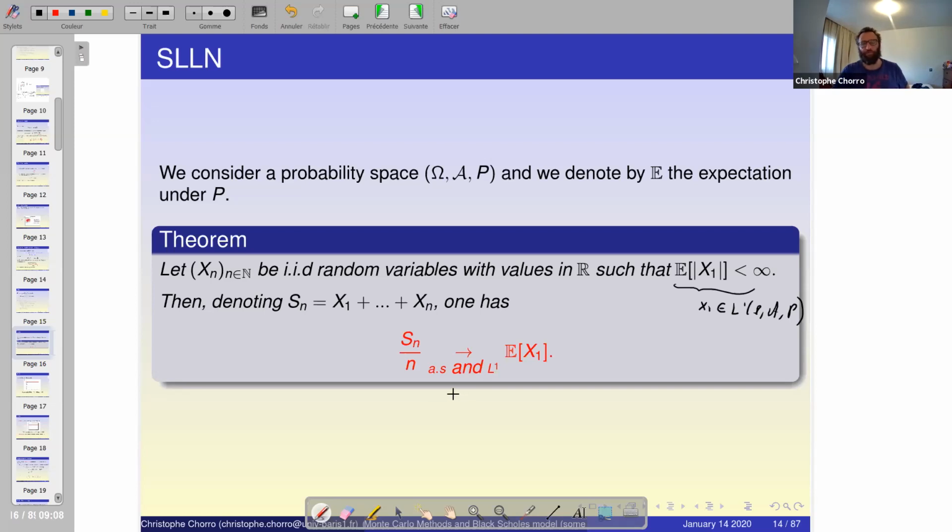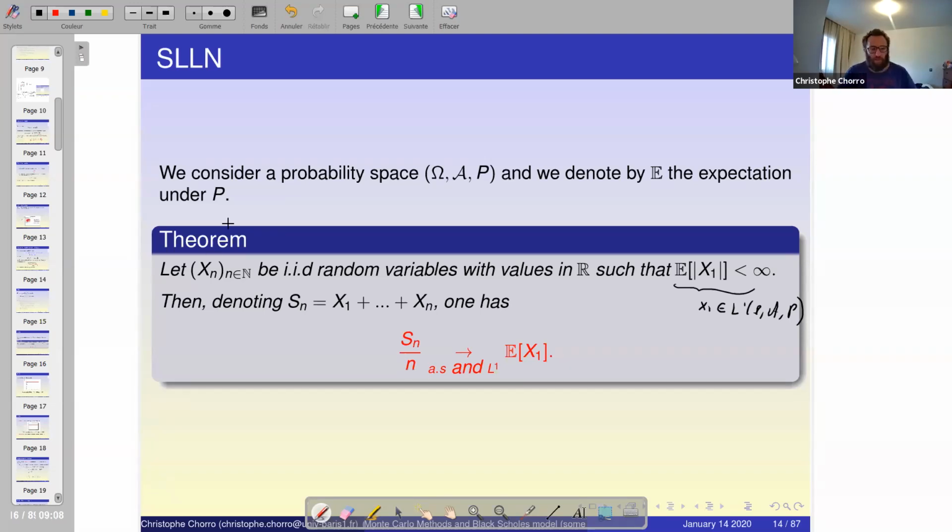So we have both here. If I have a sequence of IID random variables with a finite expectation, then the average of them converges toward the expectation of each of them. It's what we call the strong law of large numbers.